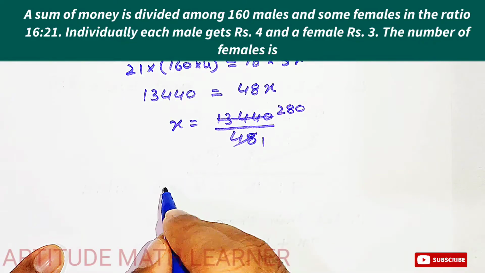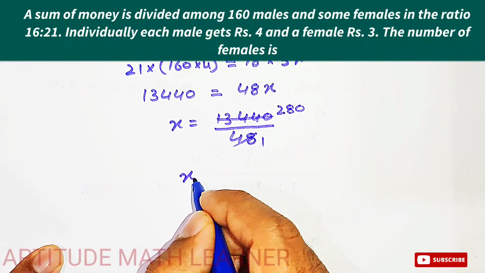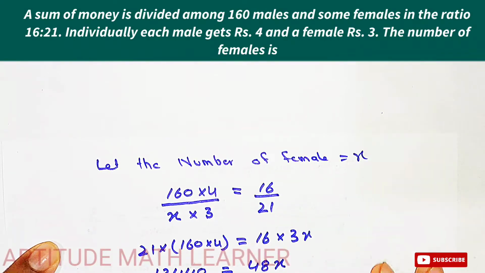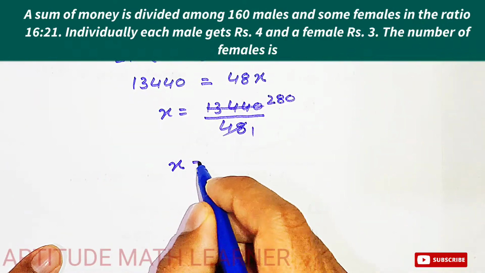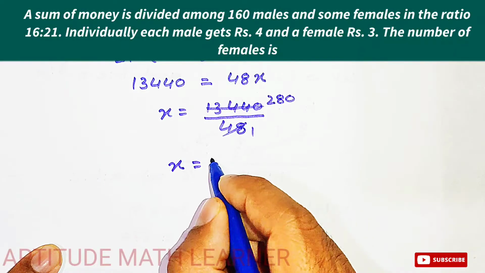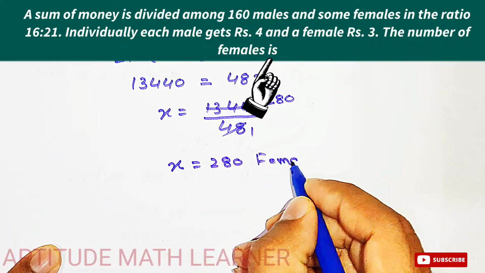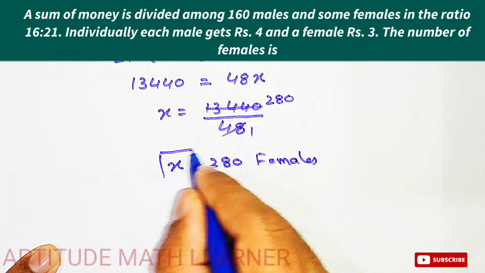Here the number of females, that is X, we had taken as the unknown, and we have found out that there are 280 females, and this is our answer.